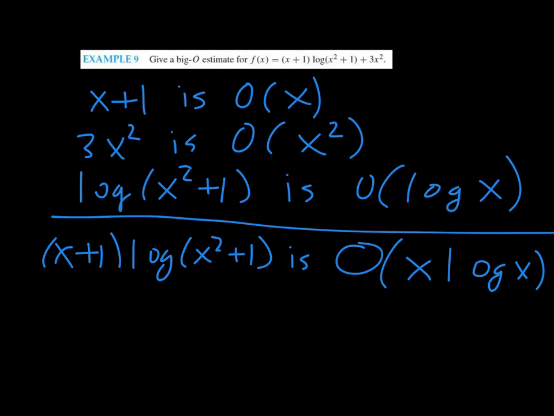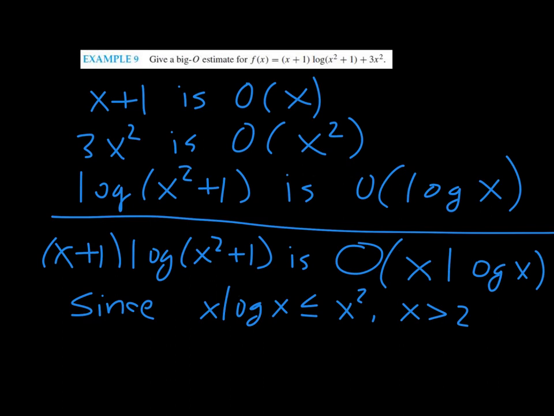And then finally, similar to the last example we did, since x log of x is less than or equal to x squared for x bigger than 2, because that's the bound that we needed from before, the original function f of x is going to be big O of the bigger of the two bounding functions for the different sums. The sums are x plus 1 times log of x squared plus 1, and 3x squared.